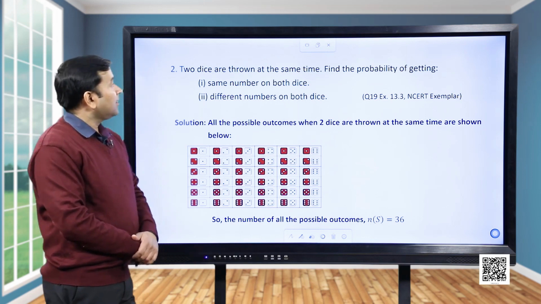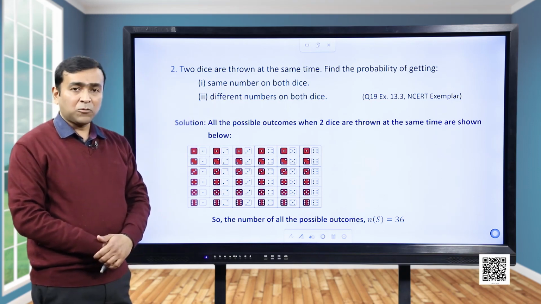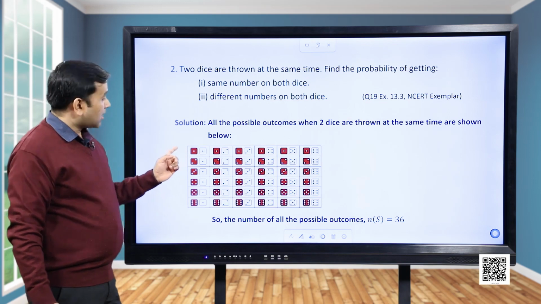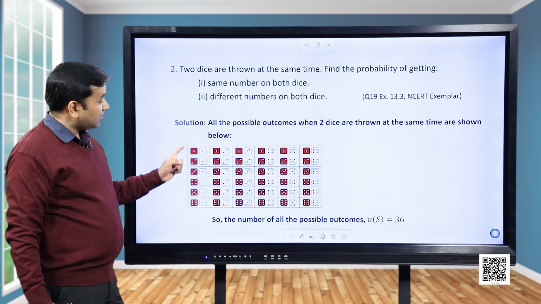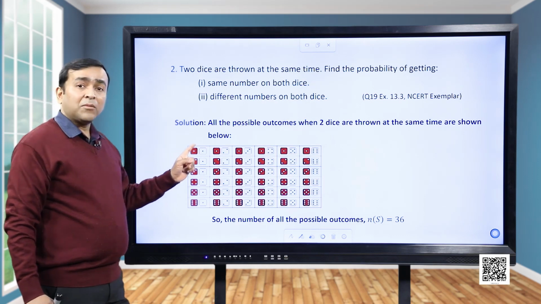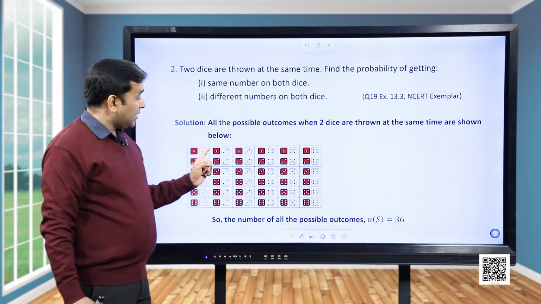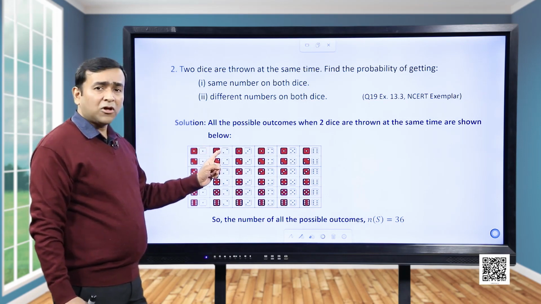So let us see, when 2 dice are thrown at the same time, what are the possible outcomes? In this diagram you may come across outcomes in which the number on the first dice would be 1 and the number on the second dice would be again 1. Similarly, if it is 1 on the first dice, it can be 2 on the second dice.